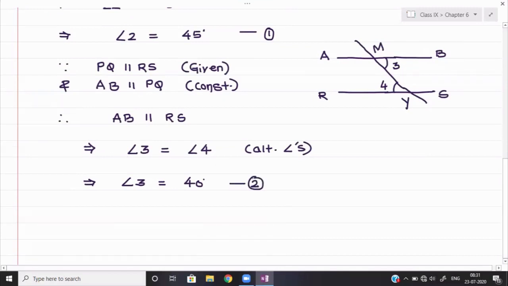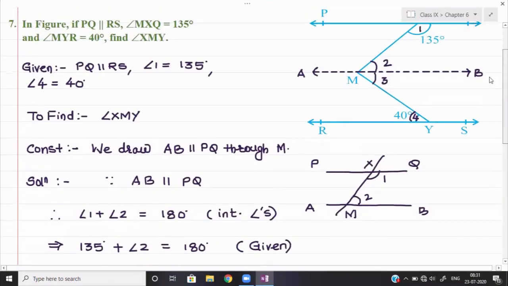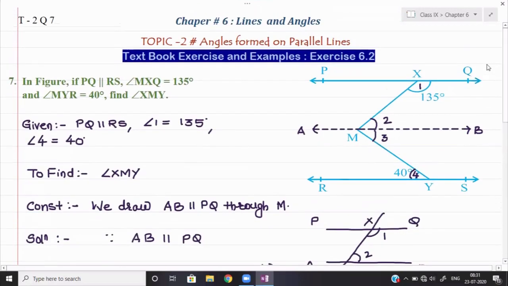Now once again we can check. We can say the value of angle XMY is equal to angle 2 plus angle 3. Once we can check whether it is right or not. See angle XMY, as I told you earlier, we shall bring the two parts of angle XMY.